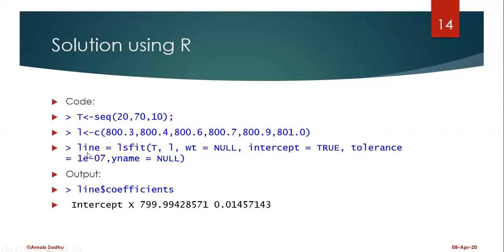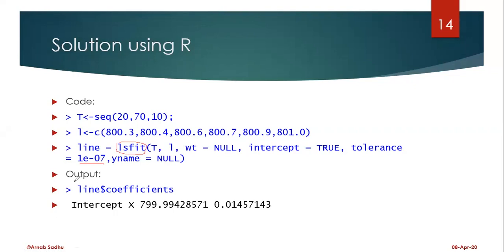The important command to find the fit is lsfit. lsfit will provide the straight line fit here, with T and L as input. Others will remain the same: wt is equal to NULL, intercept is equal to TRUE, and tolerance is equal to this. Tolerance is the error value, the maximum error value that we consider, and yname is equal to NULL.